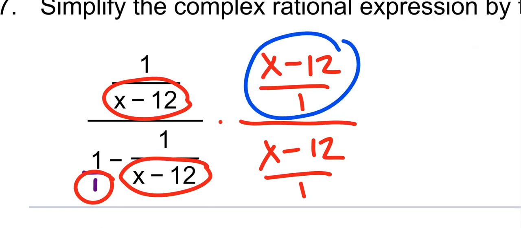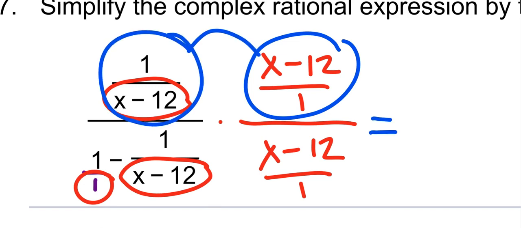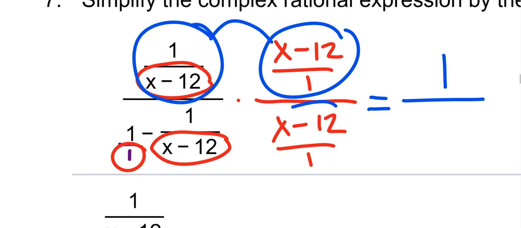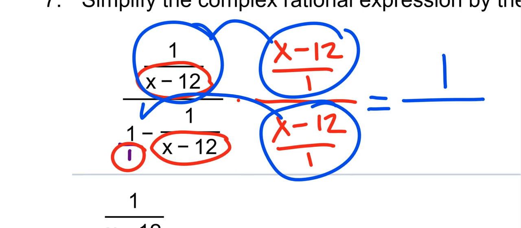This is question 7. What happens when you take this times this? What do you get? 1. You're right, they cancel out. What do you get when you take this times 1? X minus 12, yep.